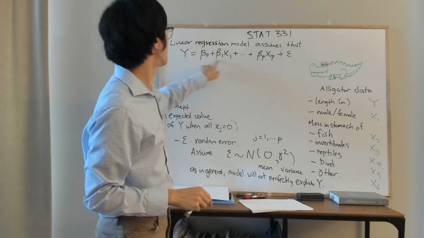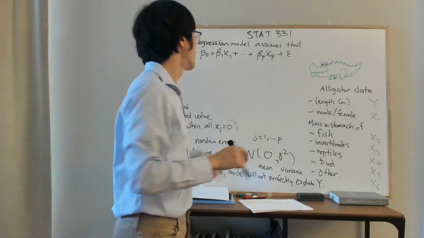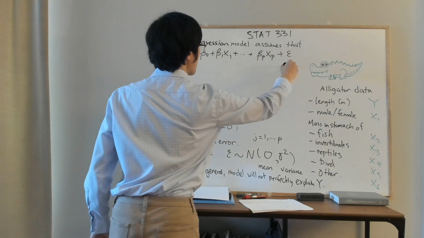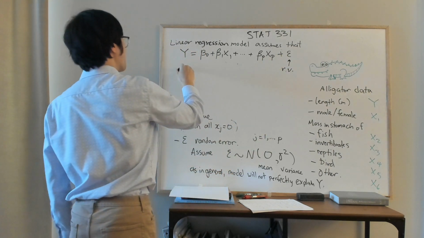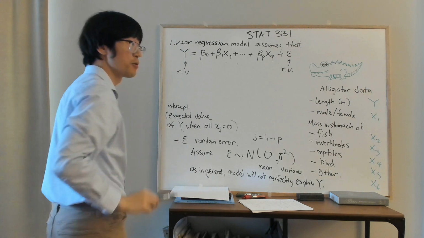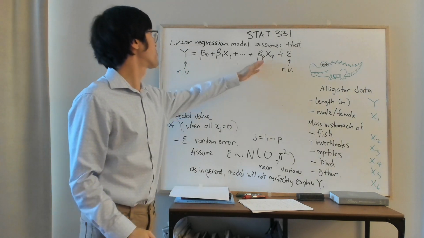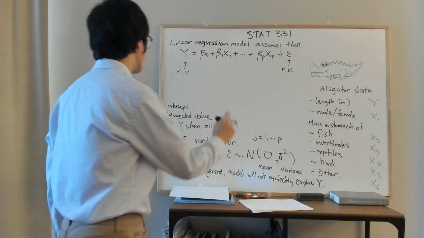What we're doing is taking this constant and adding the epsilon term. So this part is a random variable, and because epsilon is a random variable, y is also a random variable as a function of this fixed part plus epsilon.